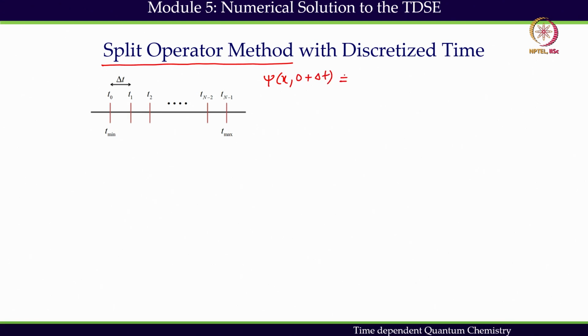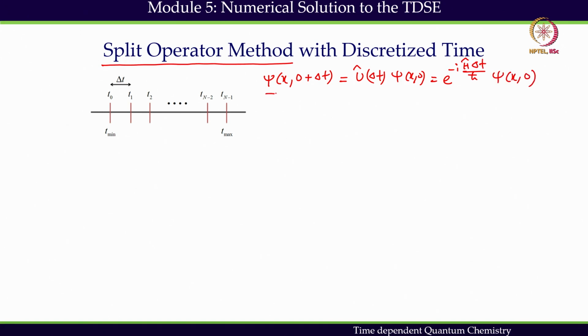I would like to find out this wave function. That is going to be the unitary operator, which is the time evolution operator for delta t, acting on psi x 0, which is nothing but e to the power minus i H delta t by h cut, then psi x 0.